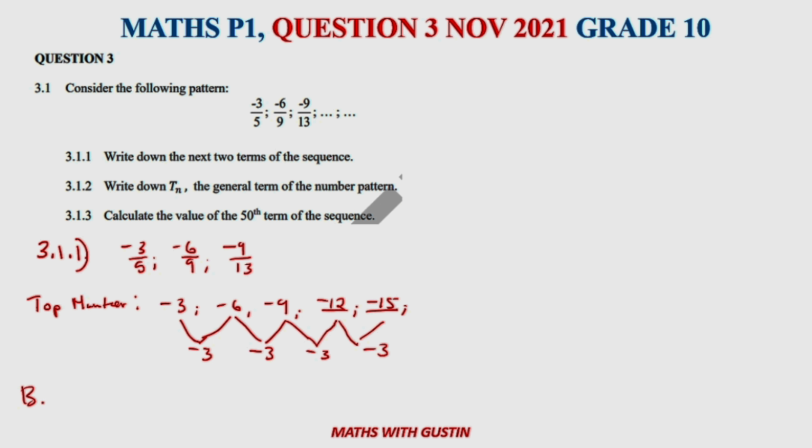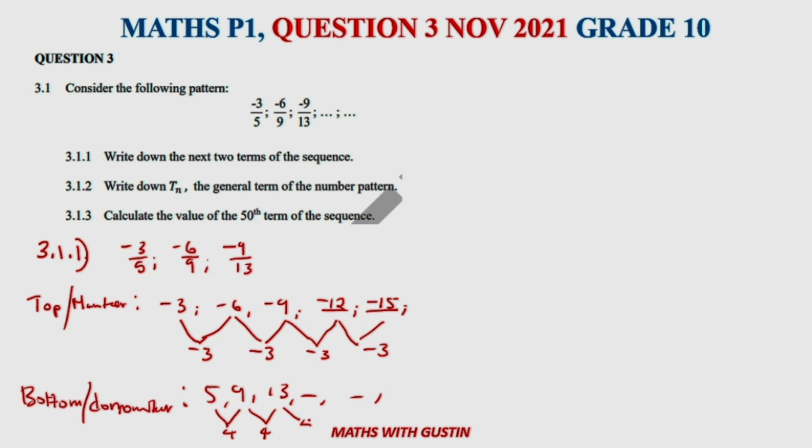Then I can say bottom, or denominator. So in our denominator, we've got 5, 9, 13. We need the next two. 9 minus 5 is going to give us 4. 13 minus 9 is going to give us 4 as well.